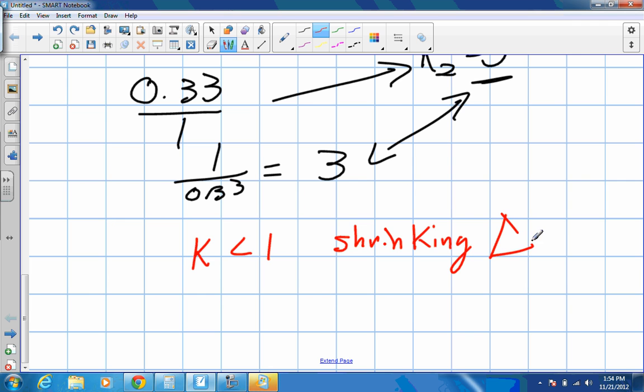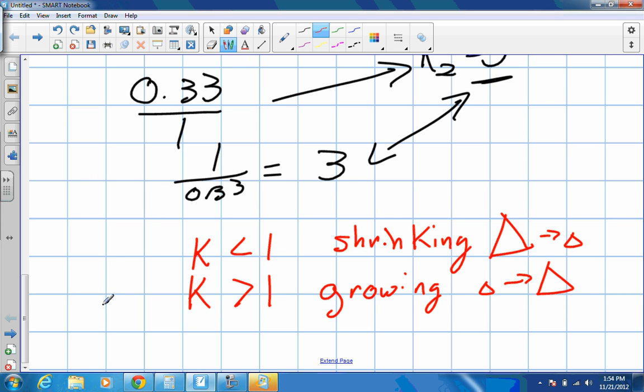If your scale factor k is greater than 1, we're growing, which means we must be going from a small triangle to the larger triangle. Those are two rules to help you with your scale factors, so you know when to use them and which scale factor will be which, because technically we could find both, depending on how we set up our ratio.